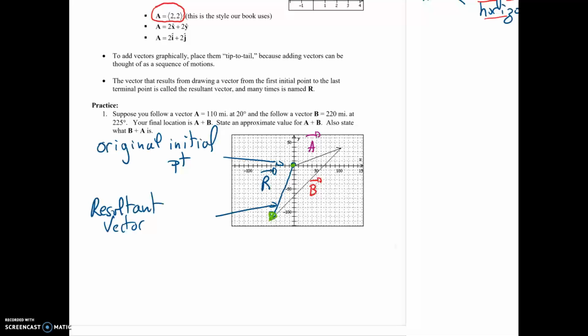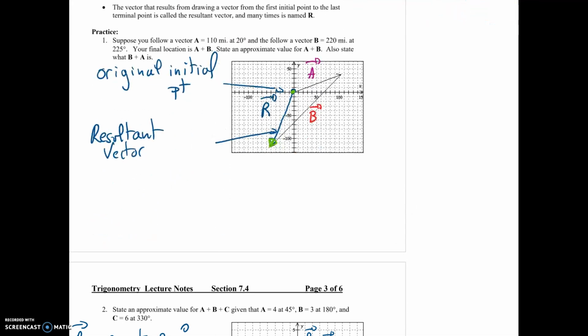All right, so what I can write pretty nicely is that the resultant R is equal to A plus B. Okay? So, you know what? Let me keep that. I decided to keep it. Here we go, right there, 225 degrees. Why not keep it?